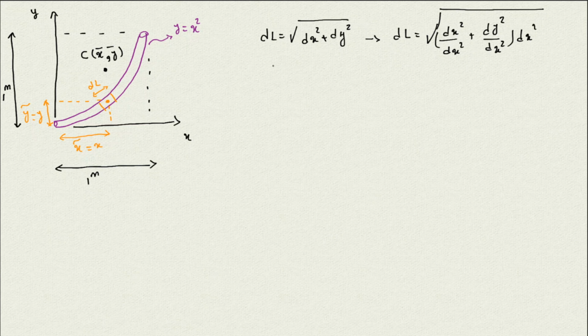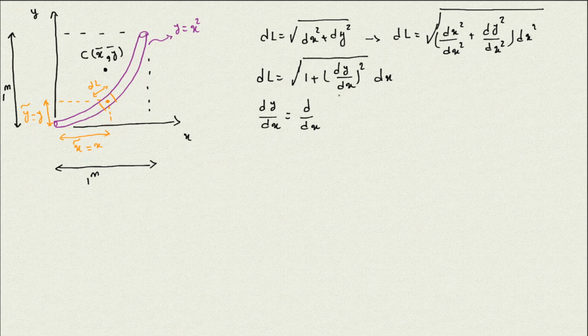And then I will go ahead and say that, okay, if I simplify that, the dl is going to be the square root of 1 plus dy over dx squared, dx. And then if I look here, dy over dx is the derivative of y, so it's going to be d over dx of x squared, so it's going to be 2x.